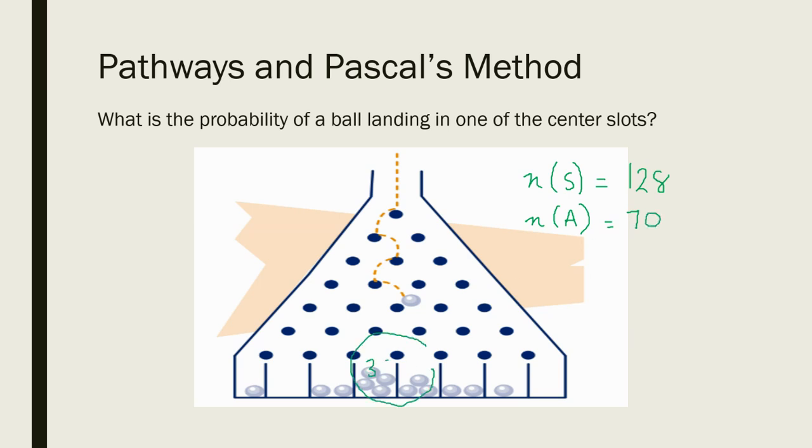We did all the work on the previous slide, 35 and 35, 70 ways. So a ball dropped into this Galton board has a 70 in 128 chance, which reduces to 35 out of 64. That's over 50% chance of getting to those center slots.